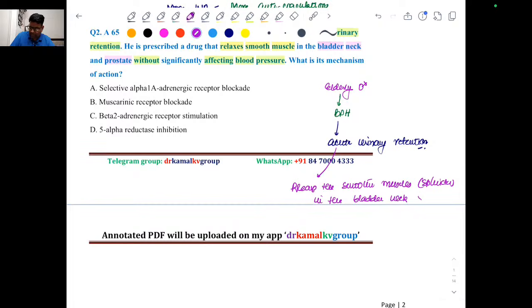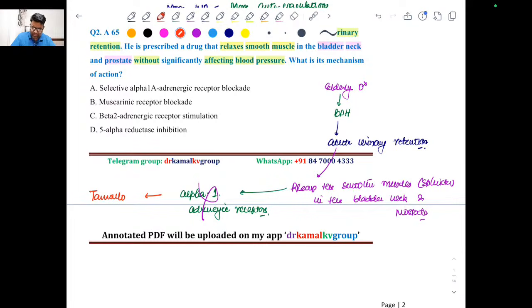especially and prostate. Now, if you know the location of the receptors, these are alpha 1 adrenergic receptors. So these receptors are to be blocked, and the drug which we give is tamsulosin. Okay.